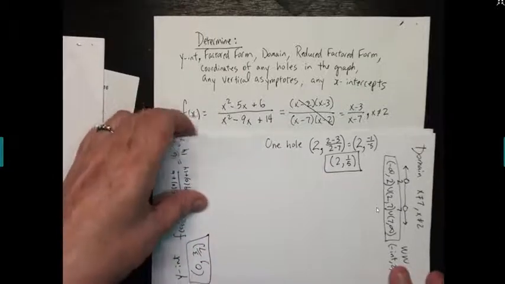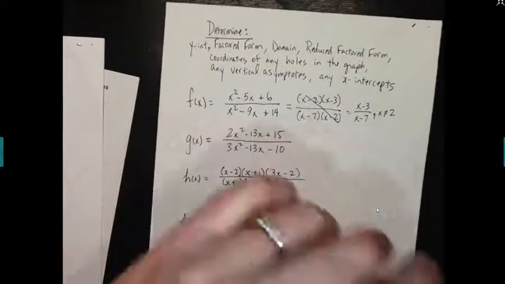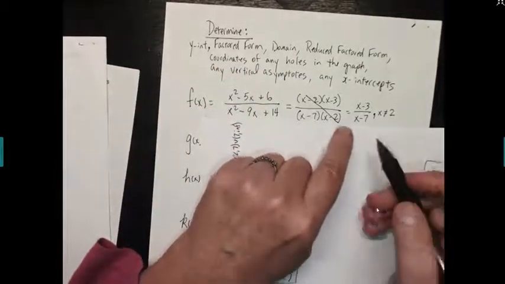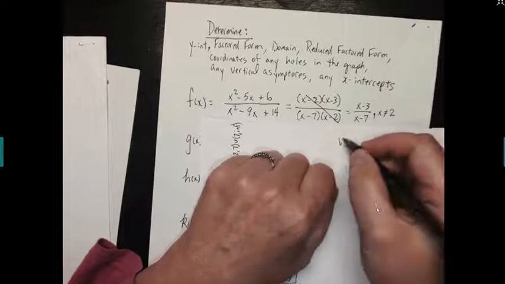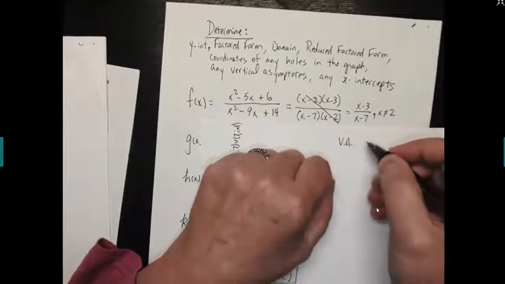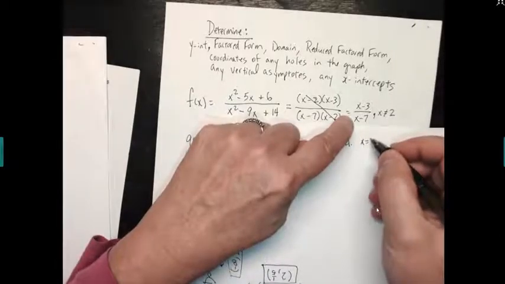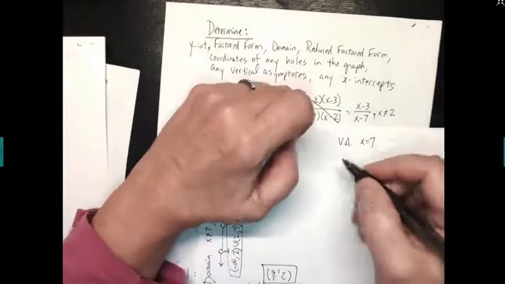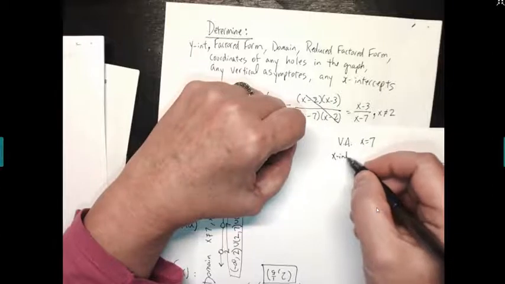Any vertical asymptotes? Well, for vertical asymptotes, you look at any real zeros of the denominator after cancellation. So there's one vertical asymptote. Its equation is x equals 7, because 7 is a 0 of the denominator. And what about the x-intercepts?